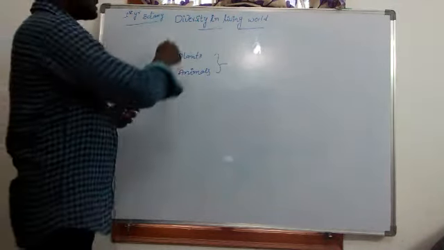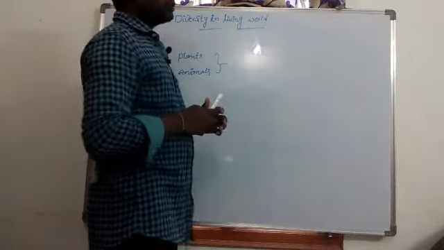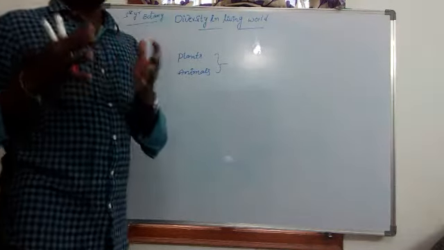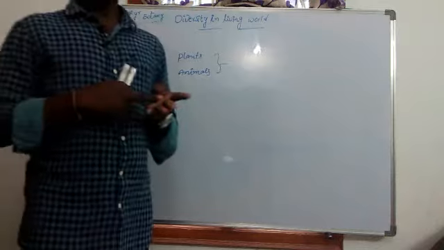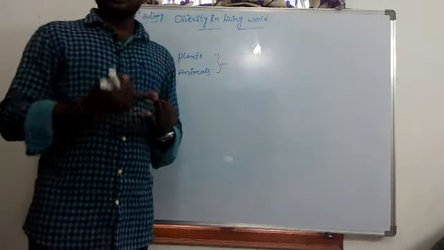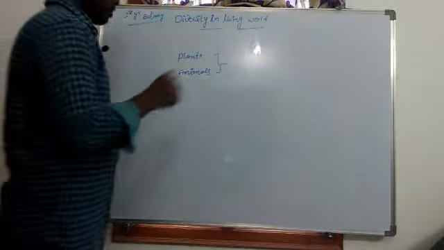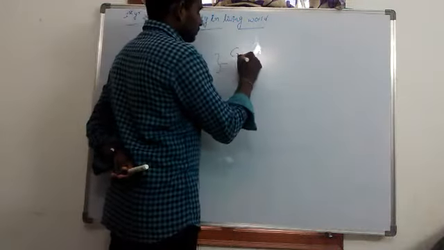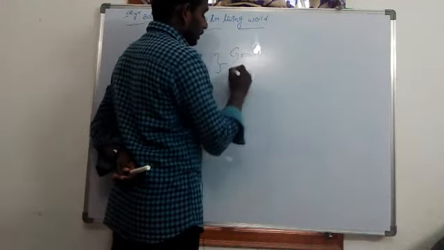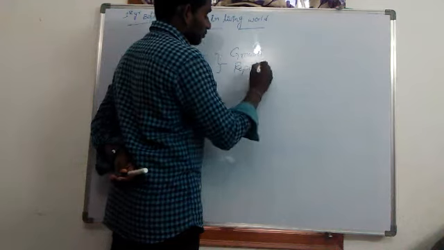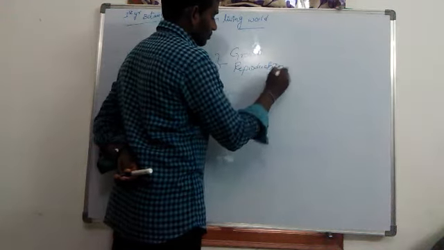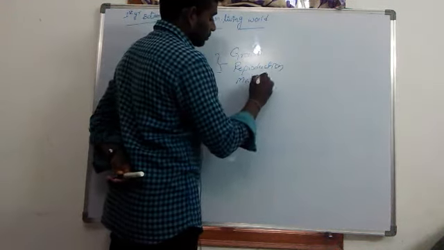So now in this chapter we will discuss which types of characteristics are different: growth, reproduction, and metabolism.